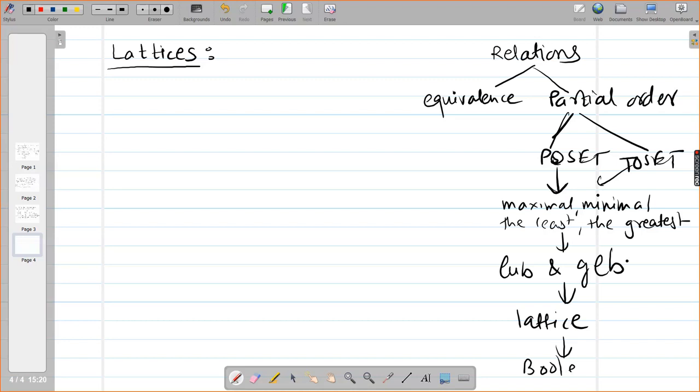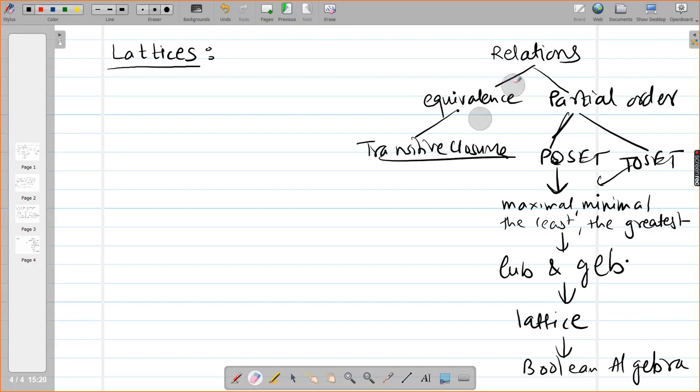And from lattice, we will define Boolean algebra. This is how we are proceeding further. And here we are yet to do transitive closure, one more different concept that we have yet to do. This is very important to understand the flow.